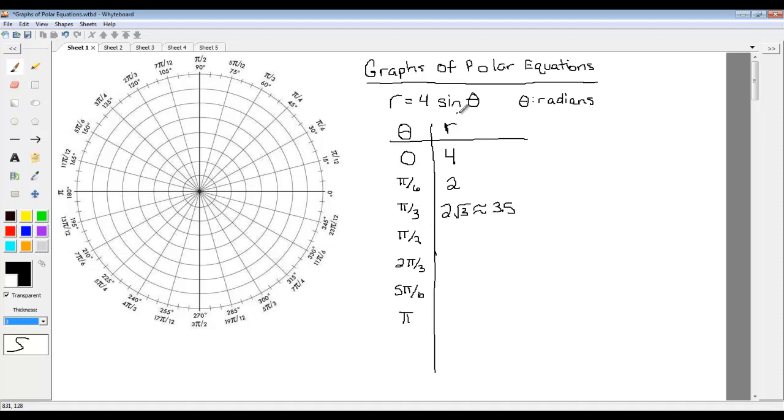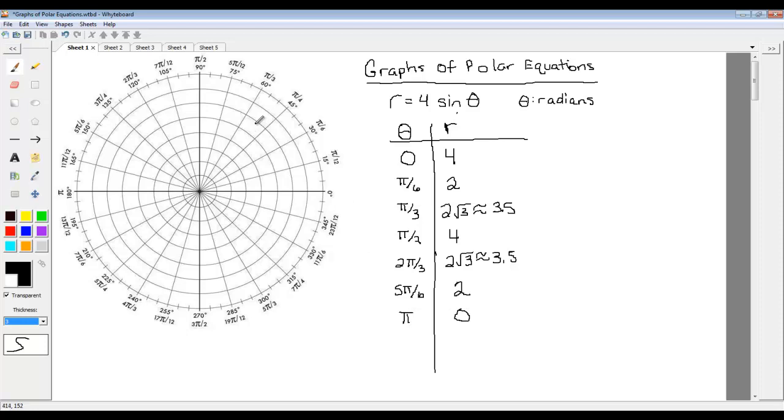Sine of pi over 2, you're going to get 1 times 4 is 4. Sine of 2 pi over 3, you're going to get square root of 3 over 2 times 4, so again 2 square roots of 3, or roughly 3.5. 5 pi over 6, you're going to get 1/2 times 4, which gives you 2. Sine of pi will give you 0, so 4 times 0 is 0.